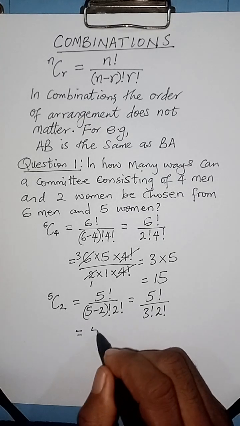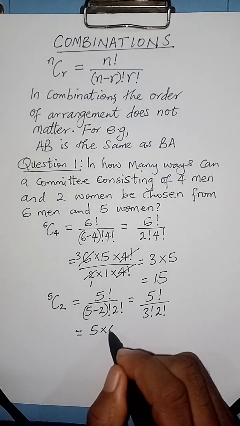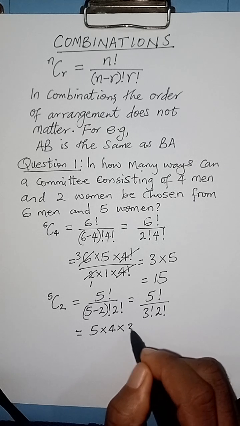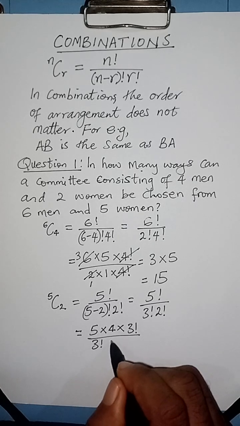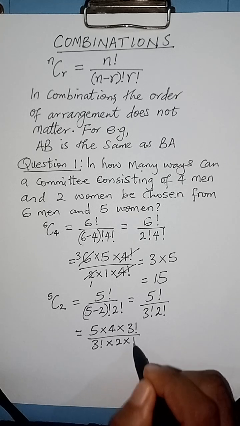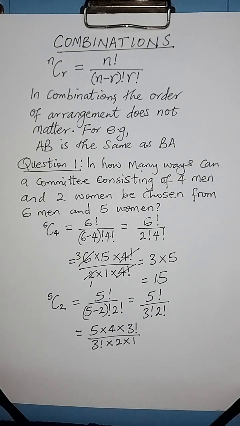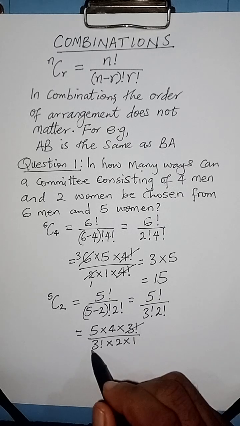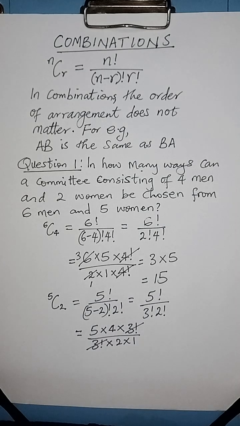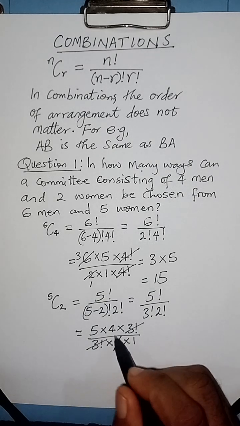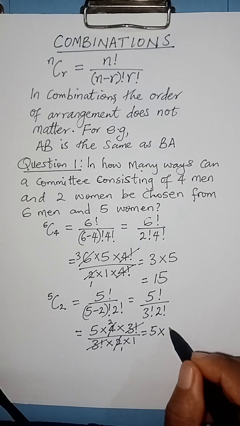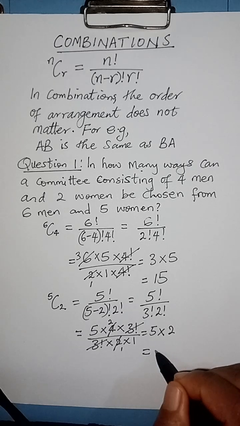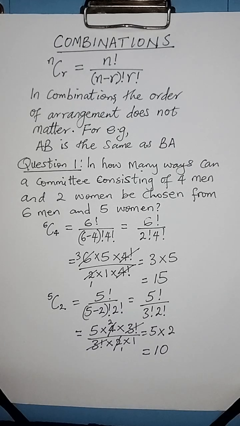This will be 5 times 4 times 3 factorial divided by 3 factorial times 2 times 1. This 3 factorial cancels out the 3 factorial, and this 2 can cancel out. So I'll be left with 5 multiplied by 2, and that gives me 10.